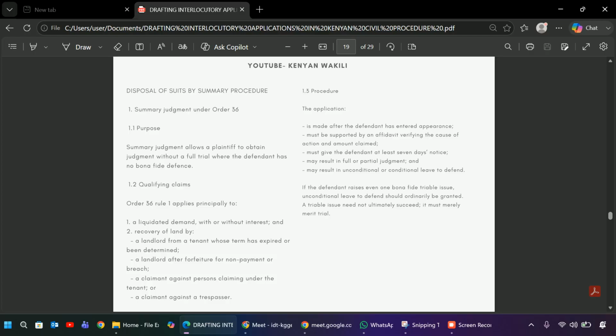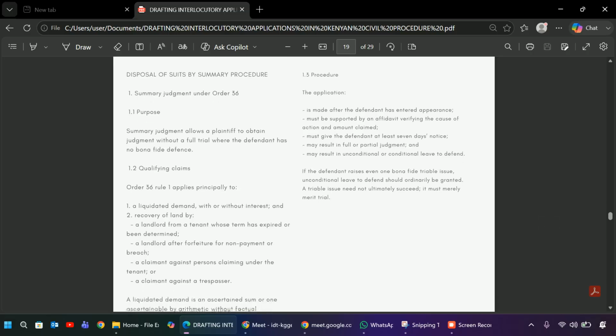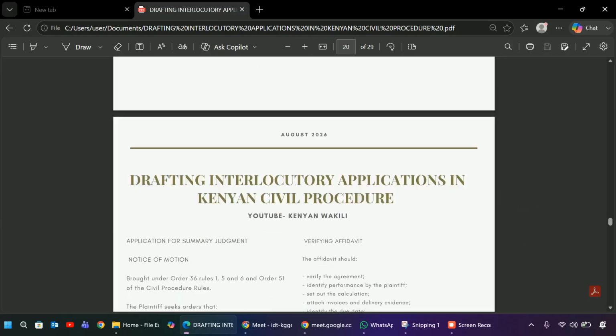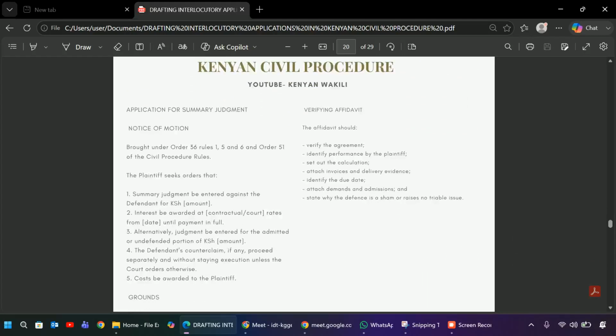If the defendant raises even one bona fide triable issue, unconditional leave to defend should ordinarily be granted. A triable issue need not ultimately succeed. It must merely merit trial. Okay, even one triable issue will make your application fail.